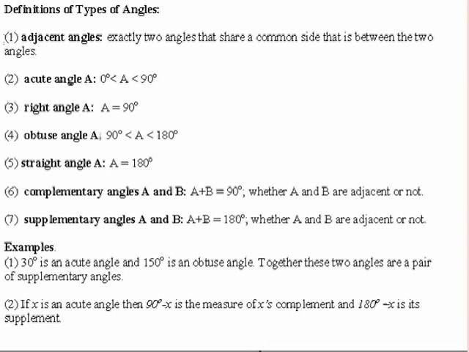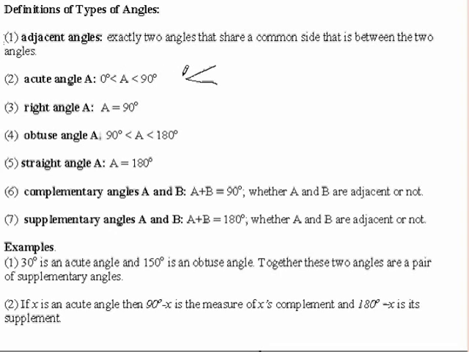Acute, that word means sharp or sudden, and so acute angles should be kind of sharp and sudden, and that's in terms of degrees what an acute angle is going to look like.